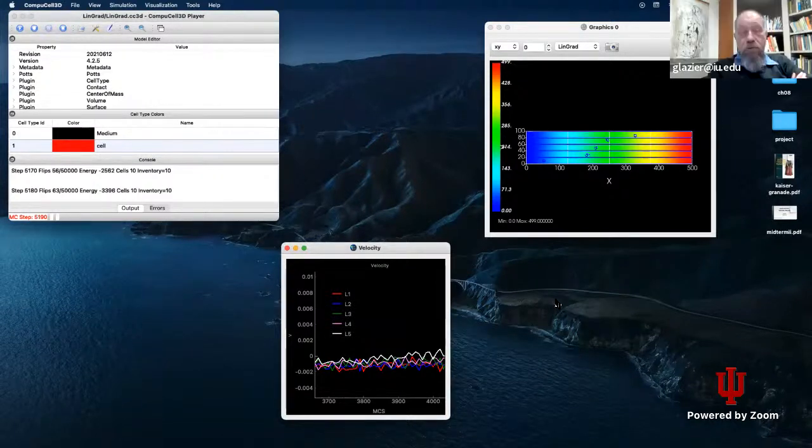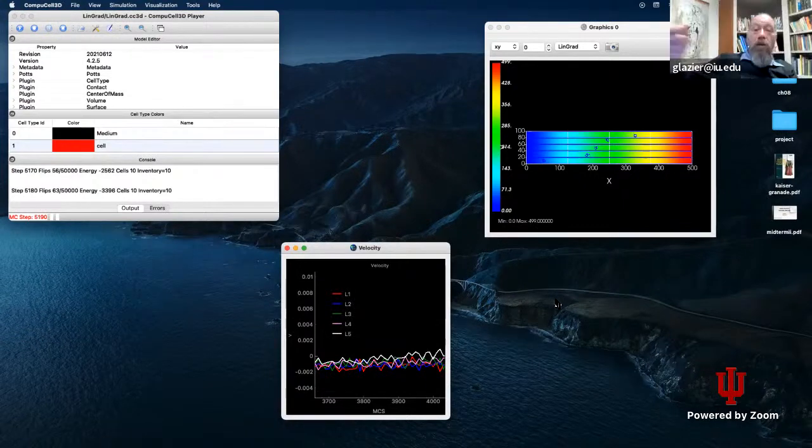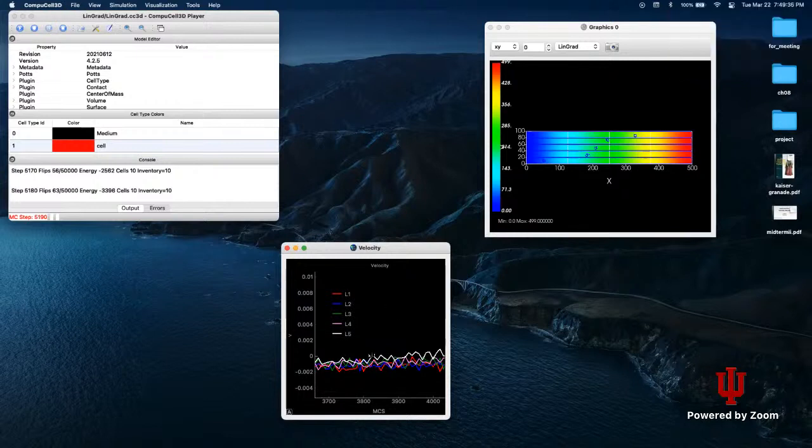And then do that repeatedly, because the instantaneous velocities are subject to a lot of fluctuation. But the velocity over the whole interval is well defined. Yeah, I think this is only over 10 Monte Carlo steps.